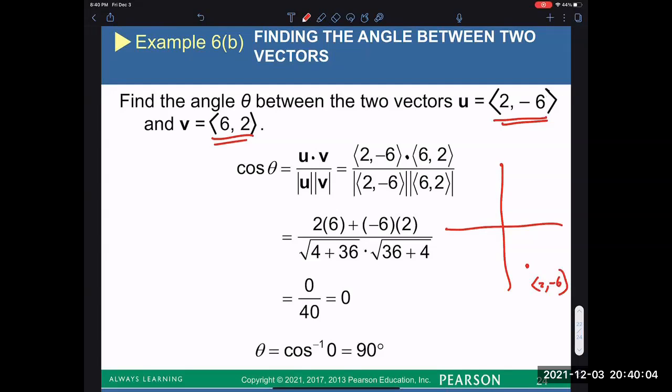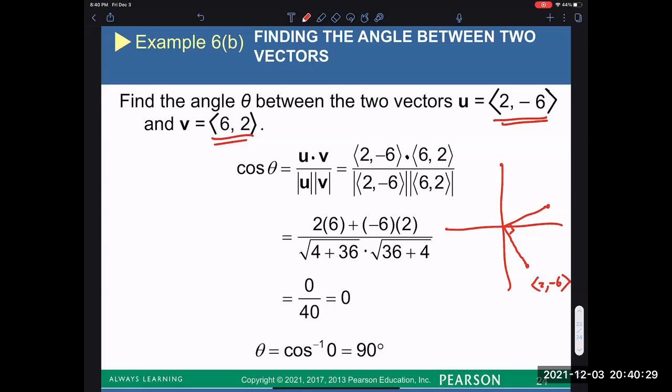Whoops, that's not a parentheses, it's supposed to be a vector. And then similarly, if I go to 6, 2, that would be 6 to the right and 2 up. So I have the vector here, and I have the vector here. And I can imagine that if this one is 2 to the right and 6 down, you can visualize this might be a 90-degree angle.